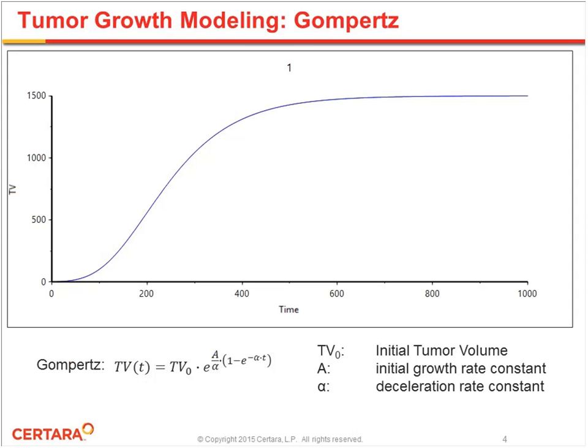Let me show you. Here's that pointer. In the early phases, we see exponential growth, and then with time, as the tumor size increases, the growth will decrease until it eventually stops.